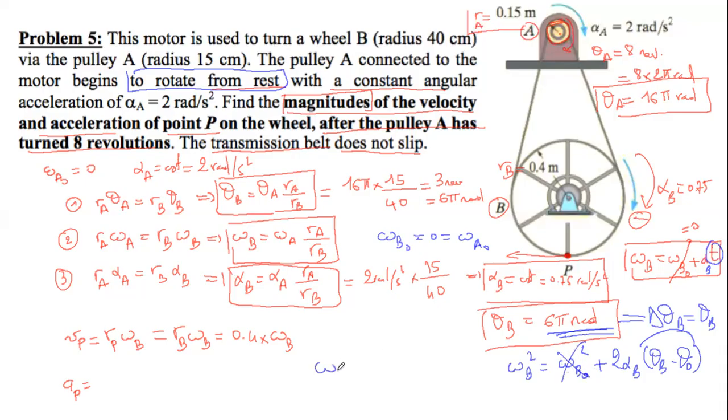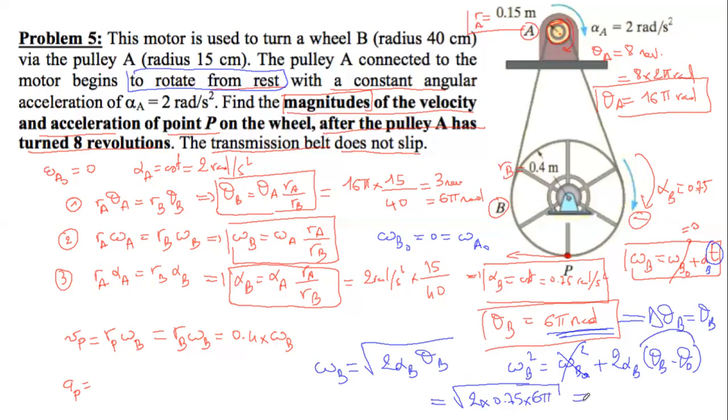So basically I will have omega B is just the square root of 2 times alpha B that I know times theta B that I know. So this is the square root of 2 times, what is alpha B? 0.75. What is theta B? We already calculated it. It's 6 pi.